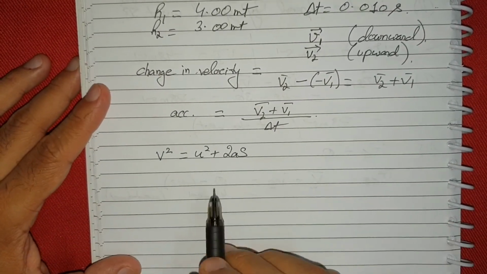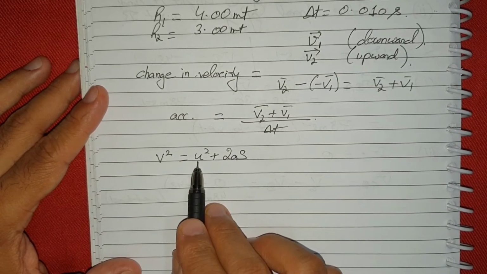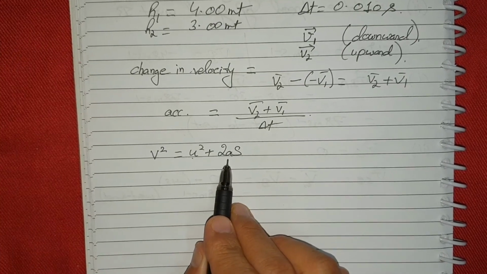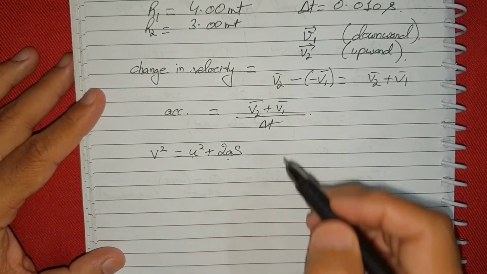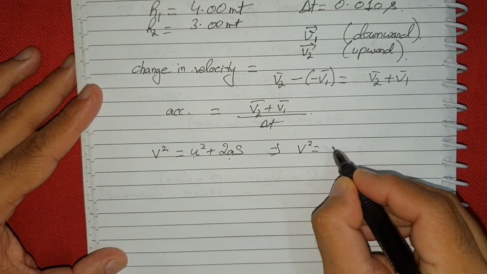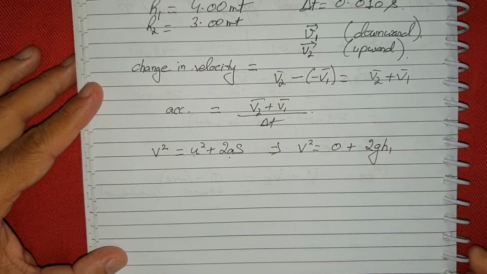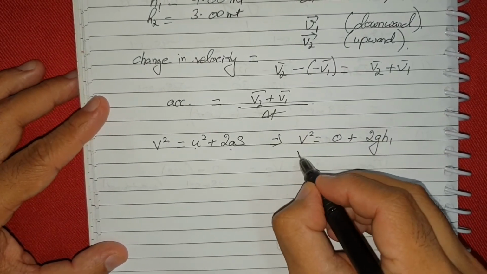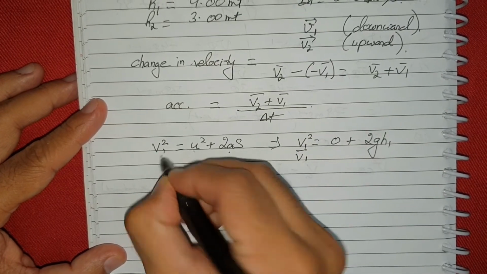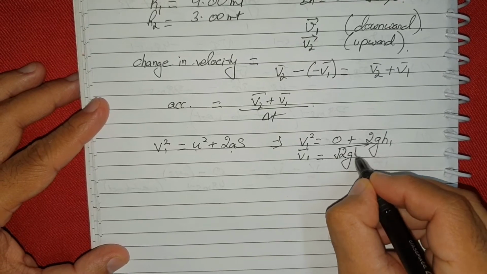Now we know that u was 0 and a you can take as g. So v square equals 0 plus 2 g h1, and this is actually v1, which equals under root of 2 g h1.